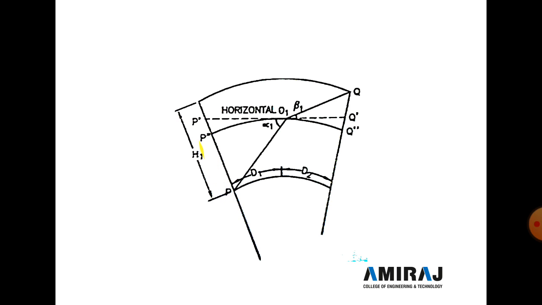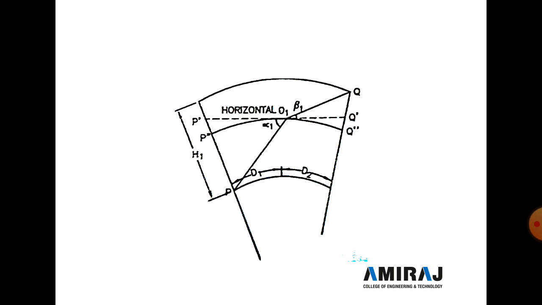P double dash is the height difference from the horizontal line of sight to the instrument station P, and similarly on the right side, the difference of height from the horizontal line of sight to the Q point is Q dash plus Q double dash. This is the summation of both points.